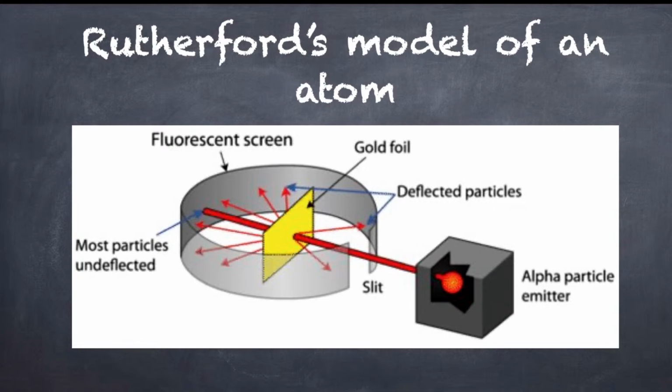Around this, he covered it with zinc sulfate. We already know from the previous experiments that zinc sulfate glows when the electrically charged particles fall on it. Now, Rutherford took doubly charged positive particles and bombarded them on the gold foil.